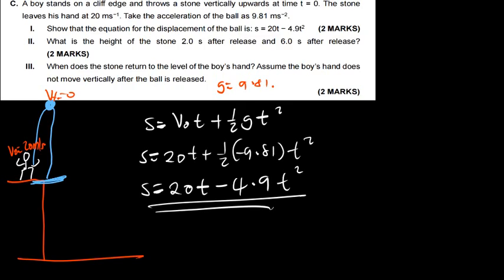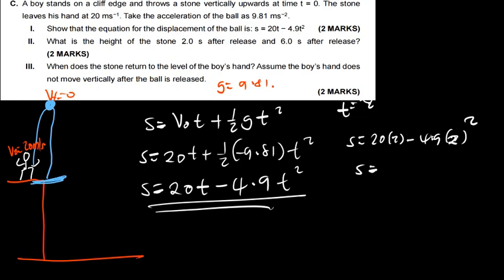So it's just a matter of plugging the values. When t is equal to 2, let's see, s will be equal to 20 times 2 minus 4.9 times 2. So what will be s? So 20 times 2 is 40. So I'll say 40 minus, open brackets. So now this 2 has to be squared because t is squared.